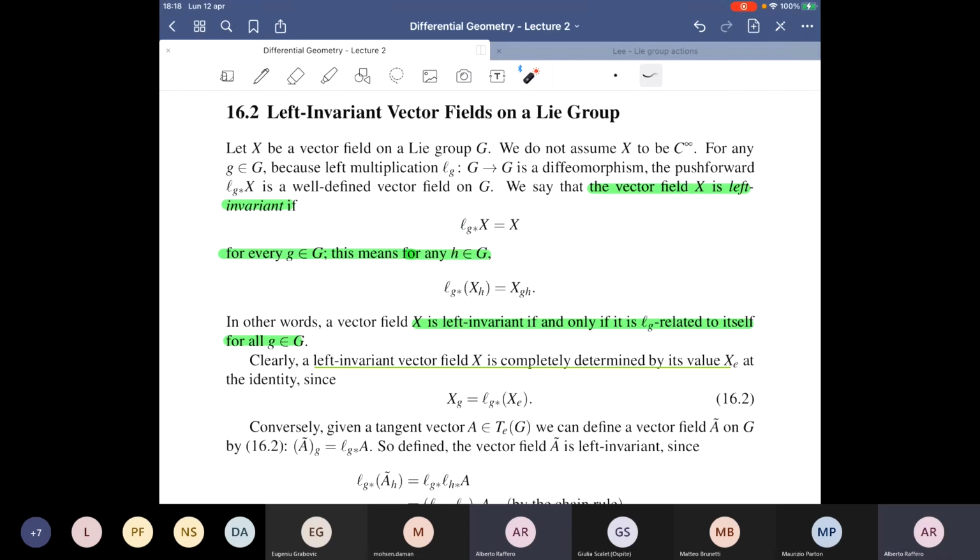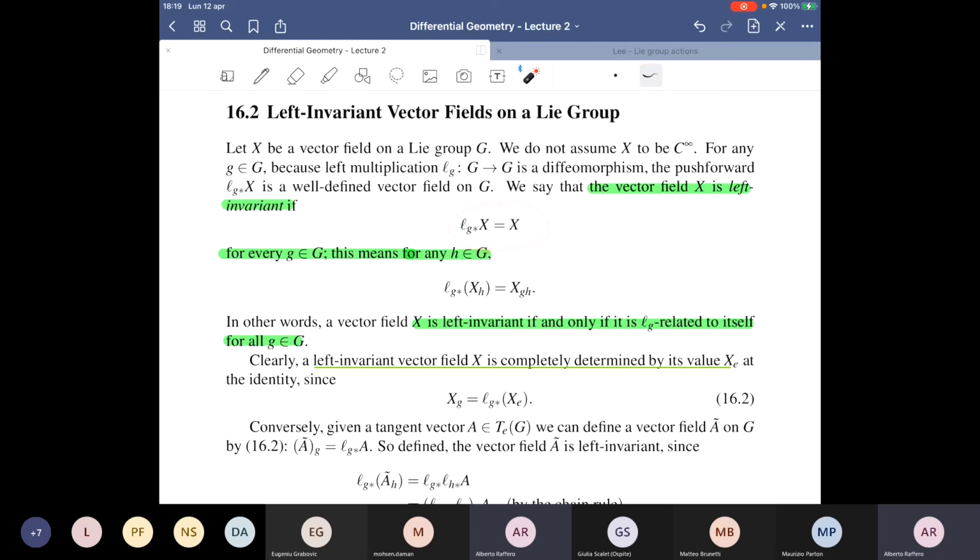So this means that if you consider any vector X at a point H belonging to this vector field, so you can consider the value of the vector field at H, consider the differential with respect to the left multiplication, then you will end up with the same vector, but of course evaluated at the point G times H, which is just the left multiplication of G and H.